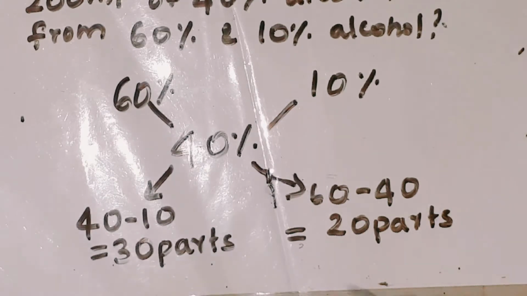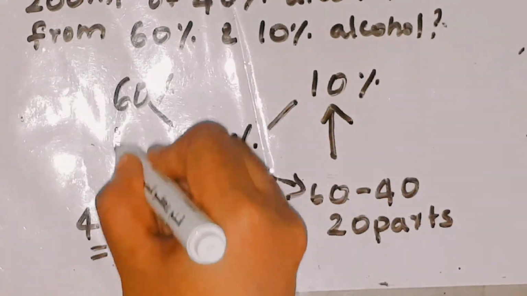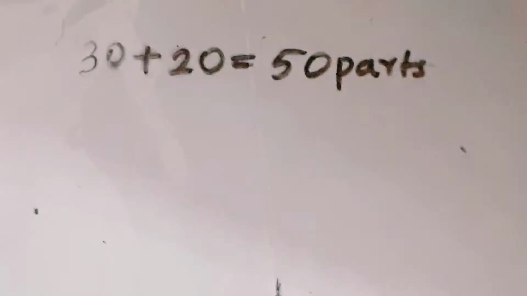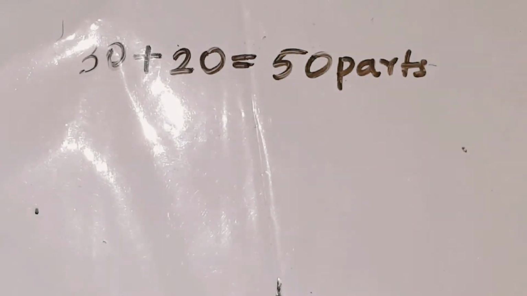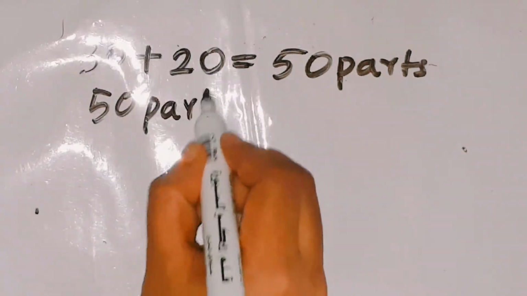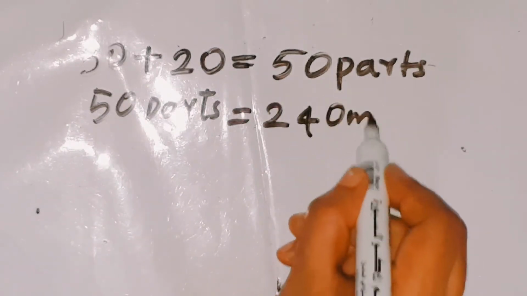So now it is pretty easy. We have to mix 20 parts of 10% and 30 parts of 60% to prepare 200 ml of 40%. So 30 plus 20 is equal to 50 parts, and 50 parts means 200 ml.